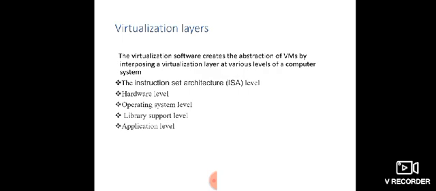So what layers do we have in virtualization? The virtualization software creates the abstraction of virtual machines by having a virtualization layer at various levels. The first is the instruction set architecture layer, then the hardware layer, the operating system layer, the library support level, and the application level.